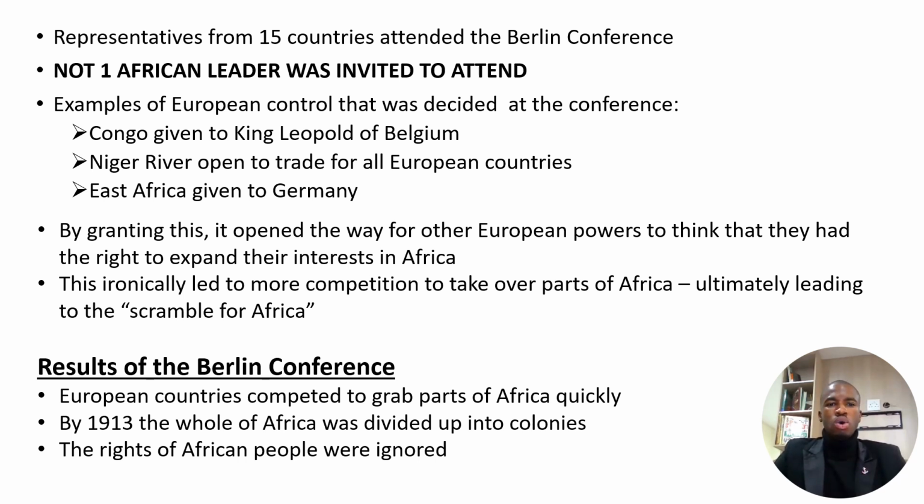The Niger River was opened to trade for all European countries. Now, this speaks to how the Niger River was considered the open platform where all European countries could trade. East Africa was then given to Germany. Therefore, by granting this, it opened the way for other European powers to think that they had the right to expand their interests in Africa.